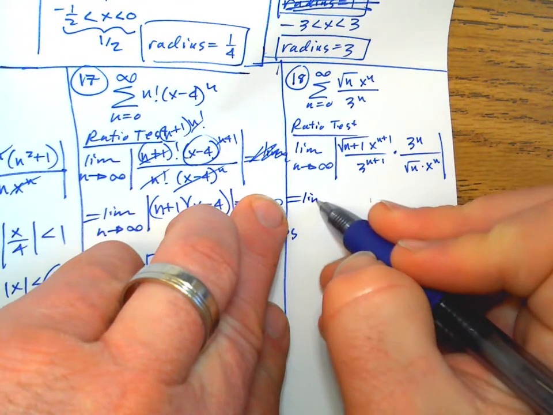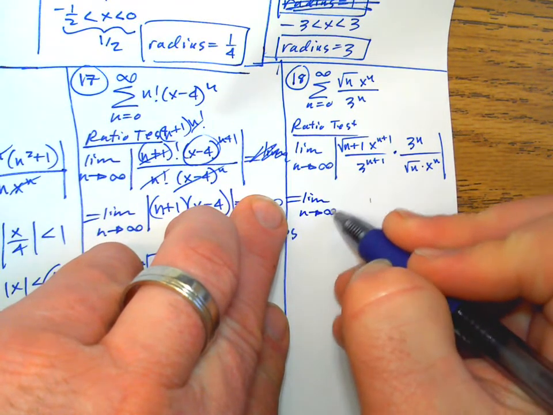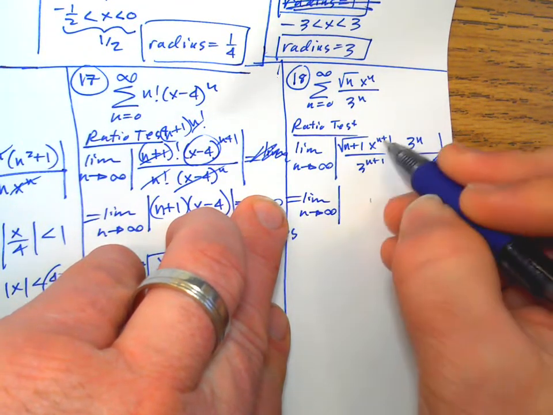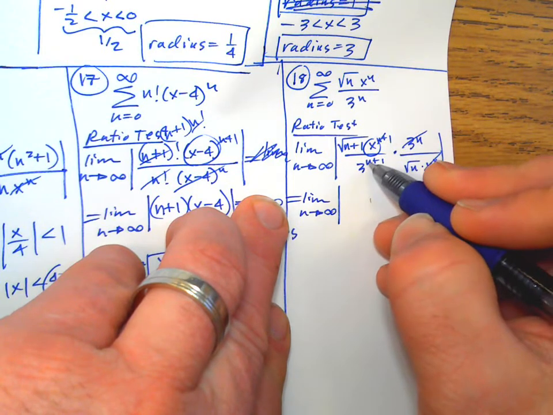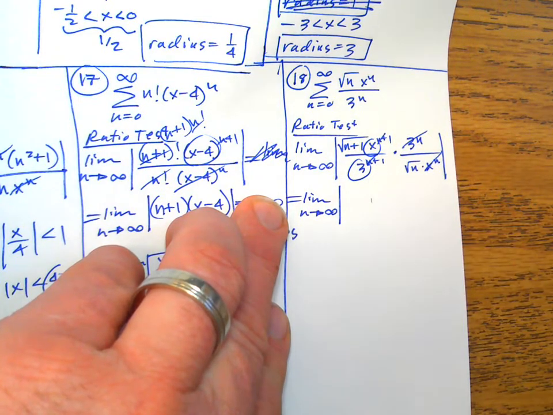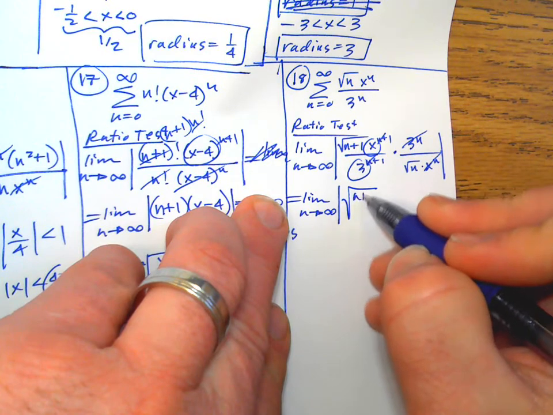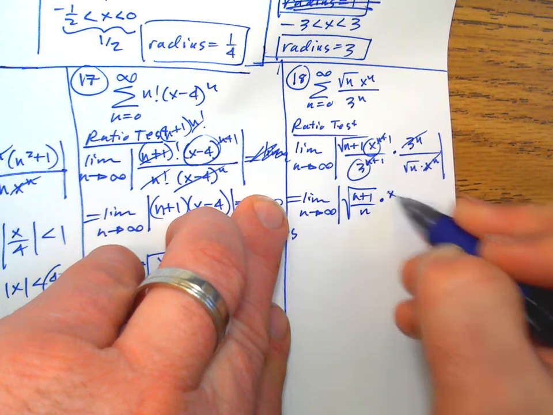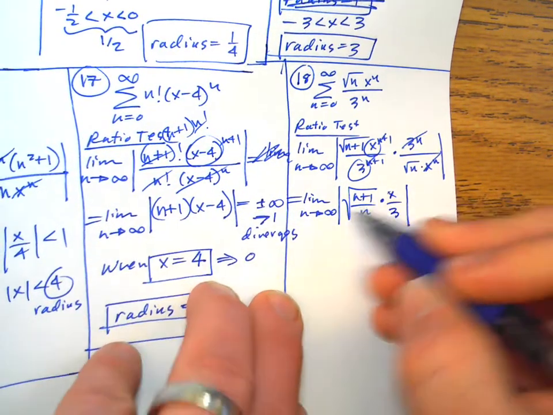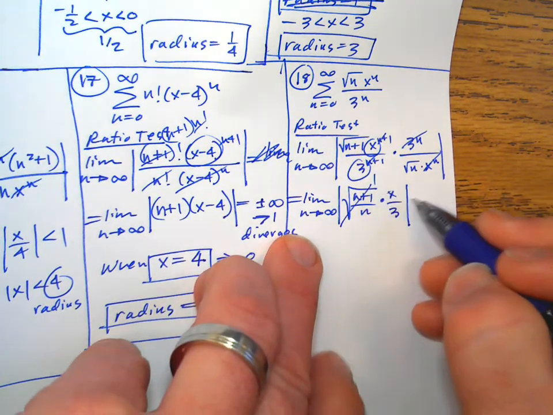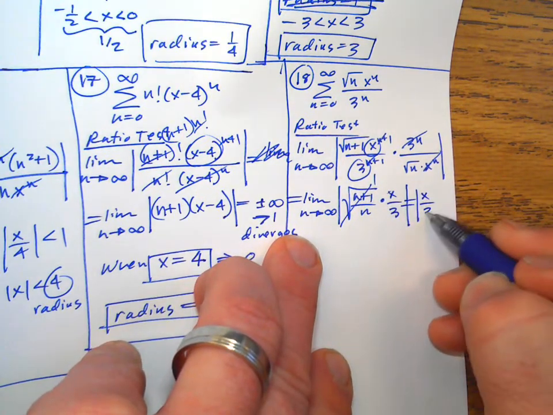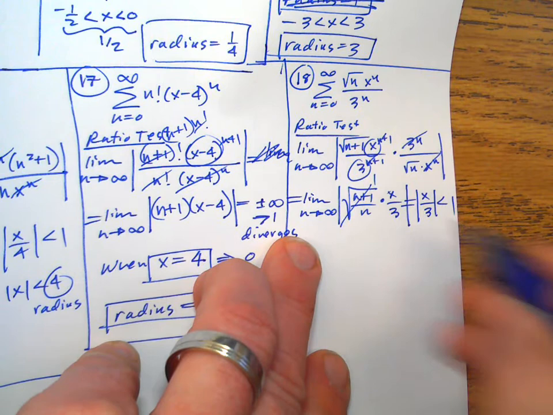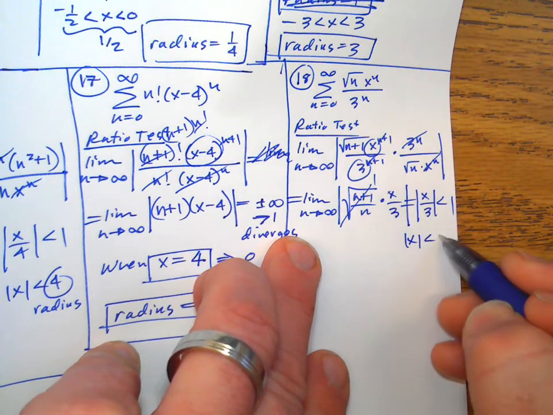Okay, so rules of exponents and things like that. We get an x, we get a 3. So we could say square root of n plus 1 over n times x over 3. Now, this isn't giving you infinity over infinity, but it's going to be 1. So we get the absolute value of x over 3 has to be less than 1. You can multiply both sides by 3, and there's your radius.